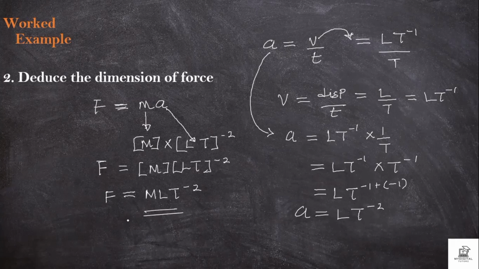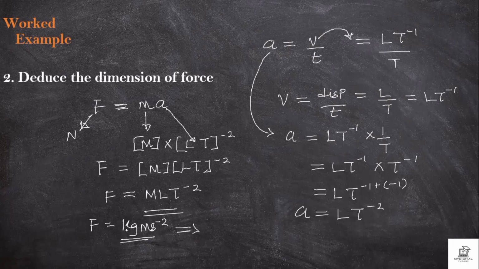Now, quickly, we can also get this from what? From the unit. Remember that the SI unit of force is Newton, but the derived unit of force is gotten from what? From mass, which is kilogram, and acceleration, which is meter per second squared, which implies from what we did in the other question, we can deduce the dimension of force from this derived unit.